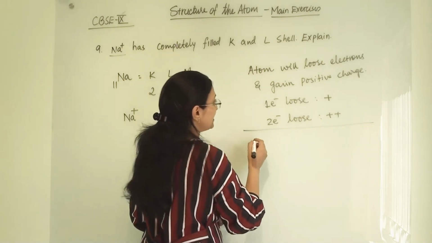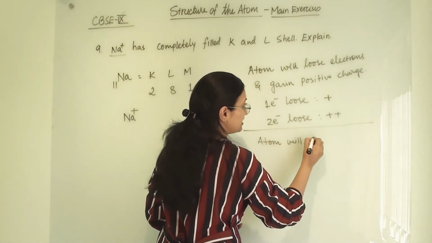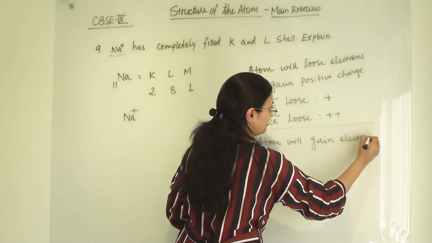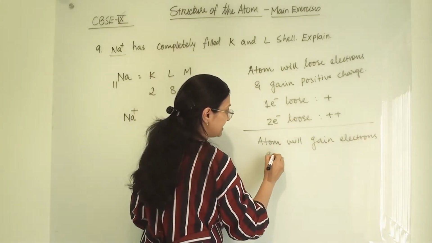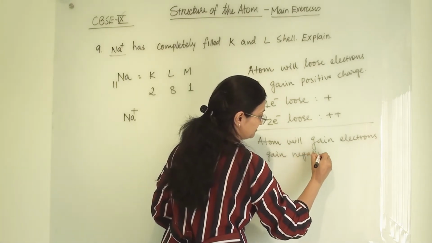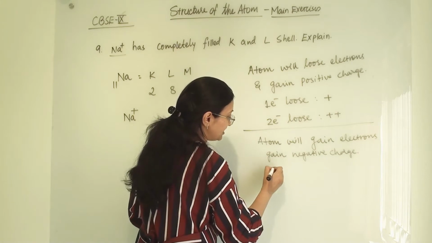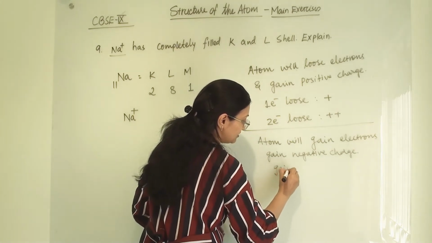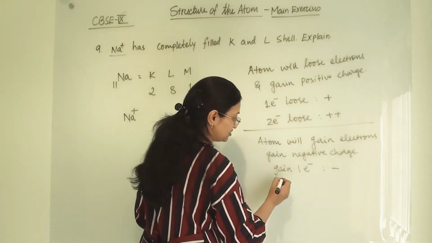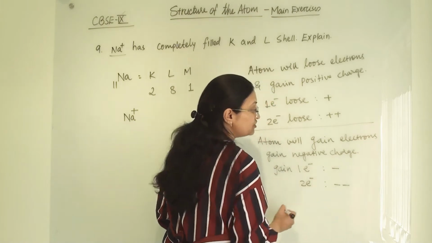Similarly, when an atom gains electrons, it gains a negative charge. For example, if it gains one electron, it gains one negative charge. If it gains two electrons, it gains two negative charges.